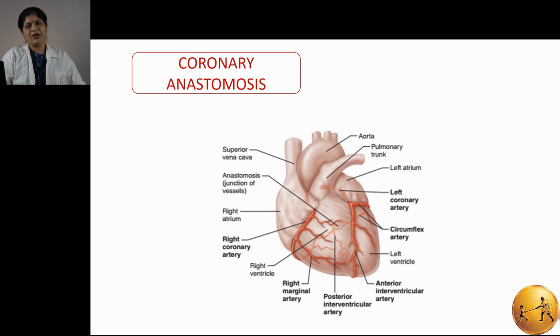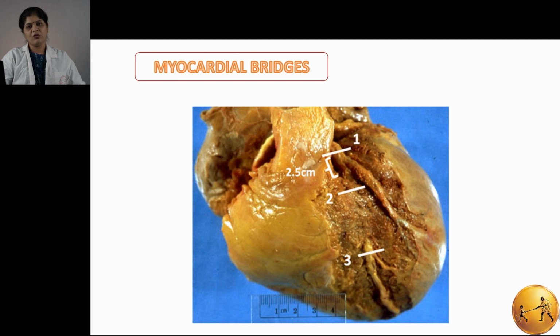So there is a communication between the right coronary artery and the left coronary artery. Similarly, on the posterior surface, the circumflex as well as the PIVA also anastomose with each other. So the communication between the right coronary artery and the left coronary artery is maintained.